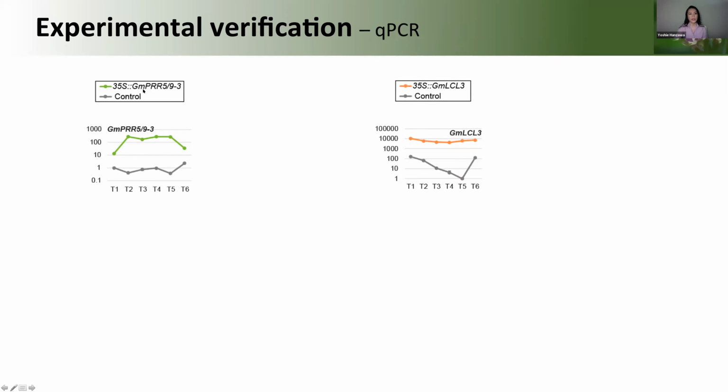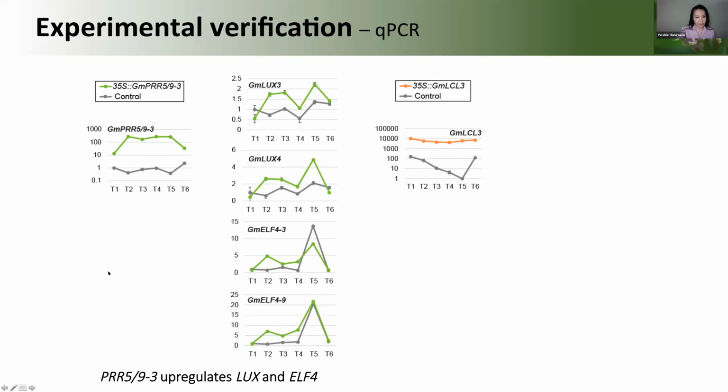For PRR593, we expressed it in protoplast cells and took a time course of 6 time points. The cell line expressing PRR593 expresses this gene highly, which is great, compared to the control cell line. Similarly, we expressed the LCL3 gene in protoplast cells, another targeted gene, again highly expressed, much higher than control.